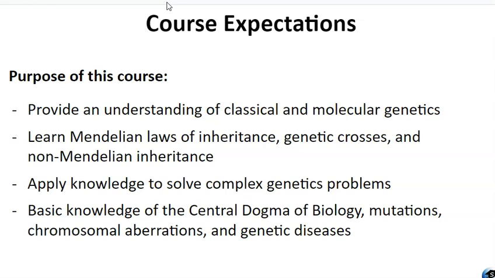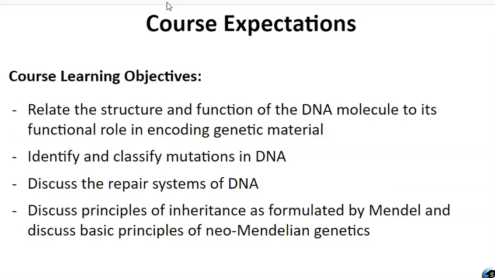You'll get basic knowledge on the process of the central dogma, mutations, chromosomal aberrations, and things having to do with genetic diseases. The overall course learning objectives relate the structure and function of the DNA molecule to its role in encoding genetic material, understand how to identify and classify mutations in DNA, discuss the repair systems of DNA, principles of inheritance as formulated by Mendel, and basic principles of neo-Mendelian genetics.